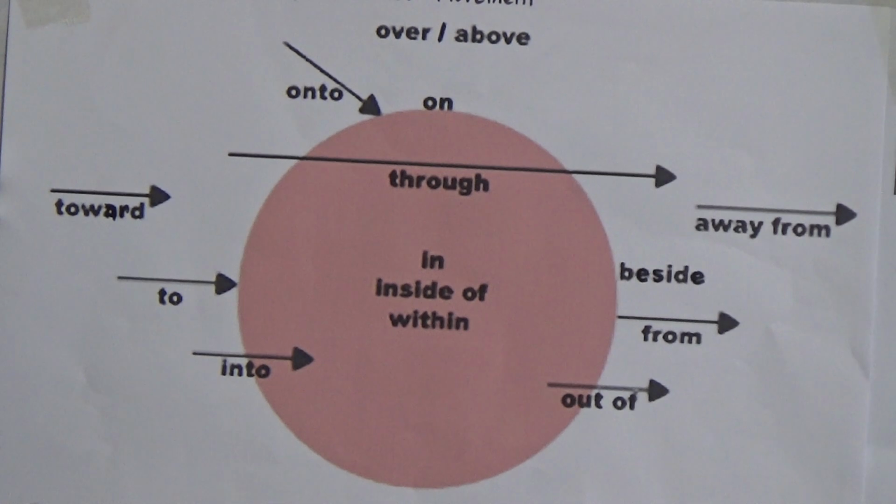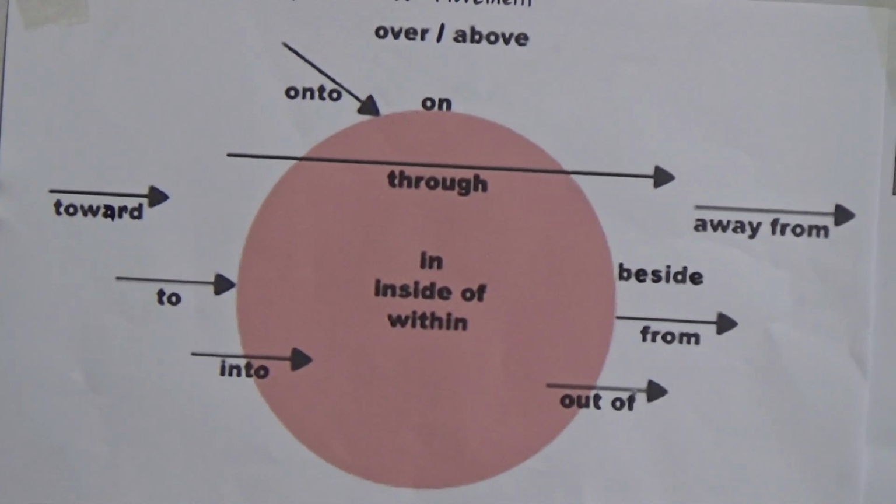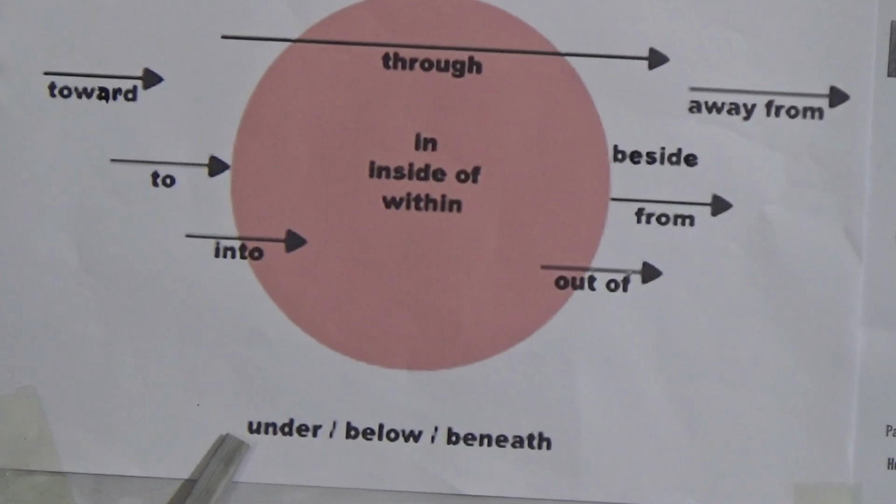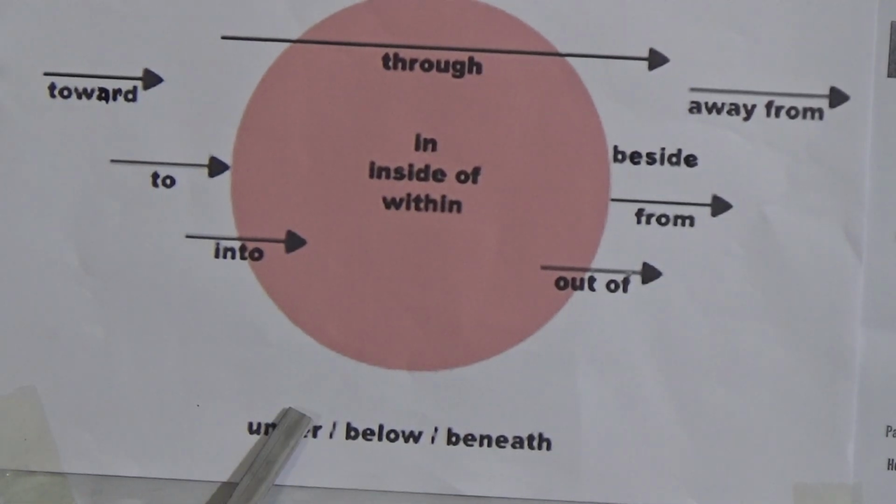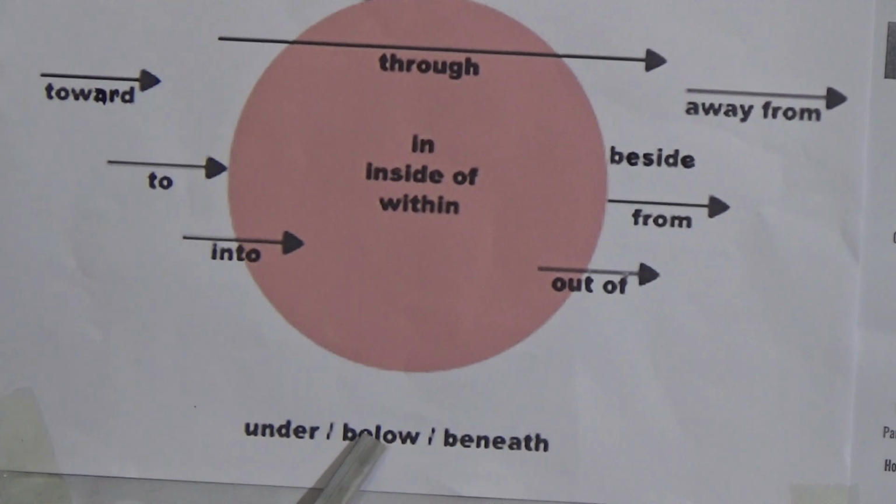And now look, there are three prepositions: under, below, and beneath. We can use under when something touches the surface. That means it is below something, and we can also use beneath. And we can use below when there is something which does not touch the surface.